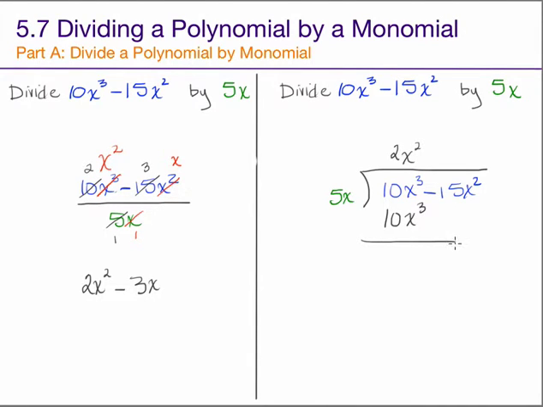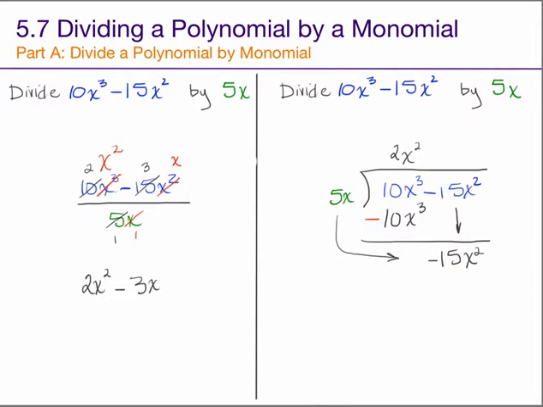Now that I've written that down, I'm going to change the signs and add. 10x cubed plus negative 10x cubed is 0. Then I can bring down the next term, minus 15x squared. I don't need to write the 0, and I'm ready to go again.